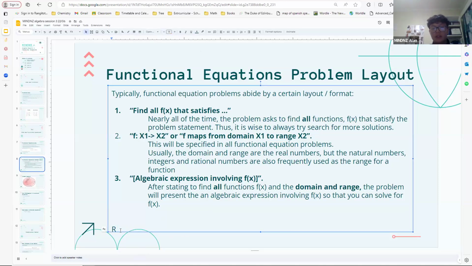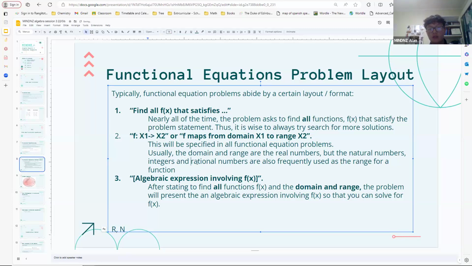Does anyone remember the symbol for the natural numbers? Can someone tell me in chat? Yeah, it's a letter as well. There's a big hint in the word natural. Okay, the letter for the domain of natural numbers is N.